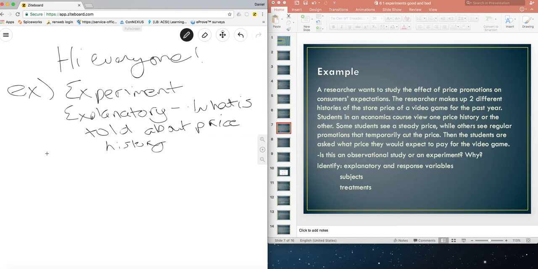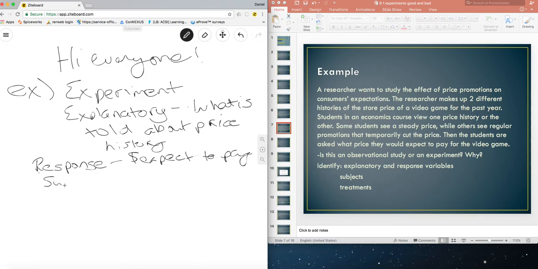And the response variable, so this is kind of like what we're trying to see, telling these kids the different price history. What are we trying to see as a result? That comes right here. What would they expect to pay? So the money they would expect to pay is the response variable.